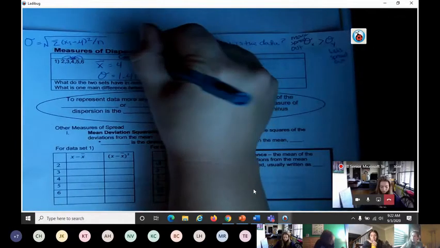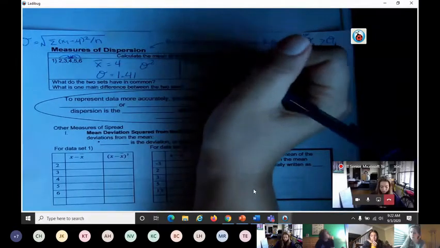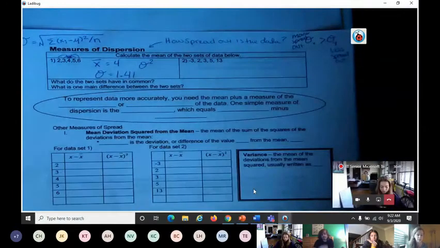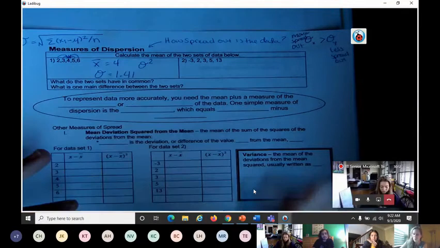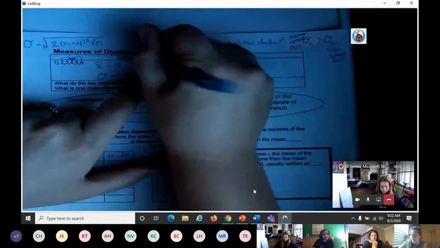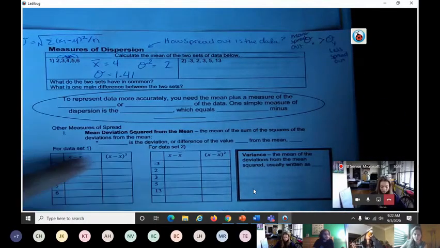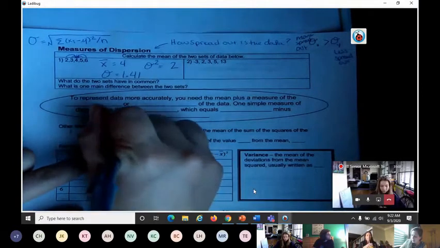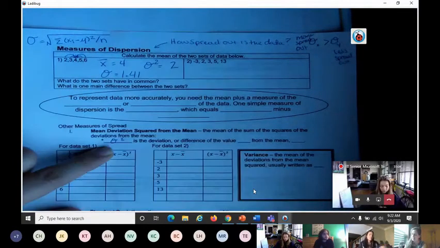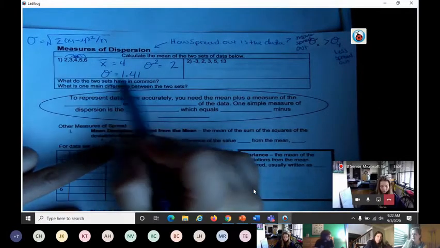So this variance, wait. Okay, hold on. These notes are terrible. I need to redo these notes. I am so sorry, guys. So there is a way to do this in a much faster method. So this thing squared is called the standard deviation. And when you take the square root of that value, you get the variance.